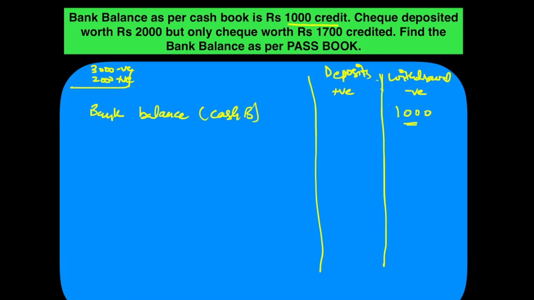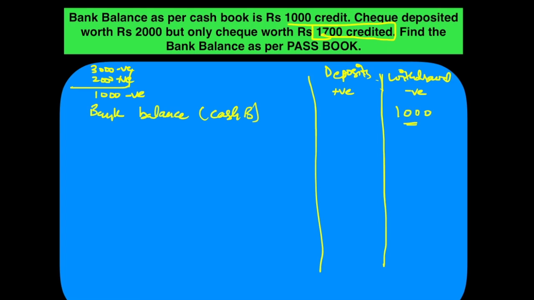So 2000 positive he received, and finally he arrived at this value of 1000 negative in his cash book. Now what happened was that only check worth rupees 1700 was credited in the passbook or in the bank statement of this particular account holder. So 300 rupees worth of checks was not credited.